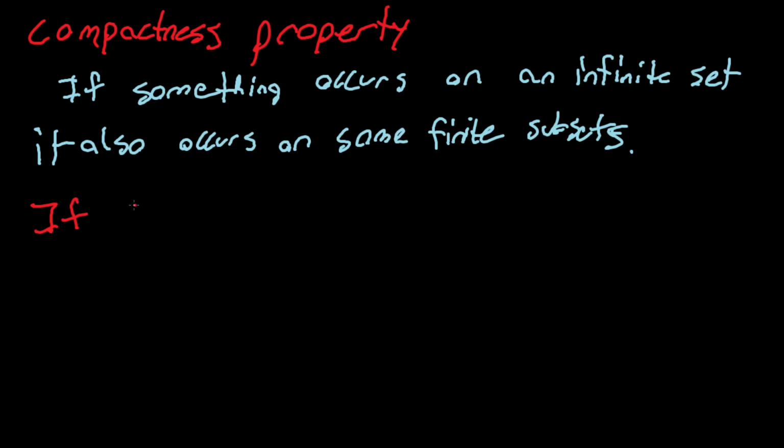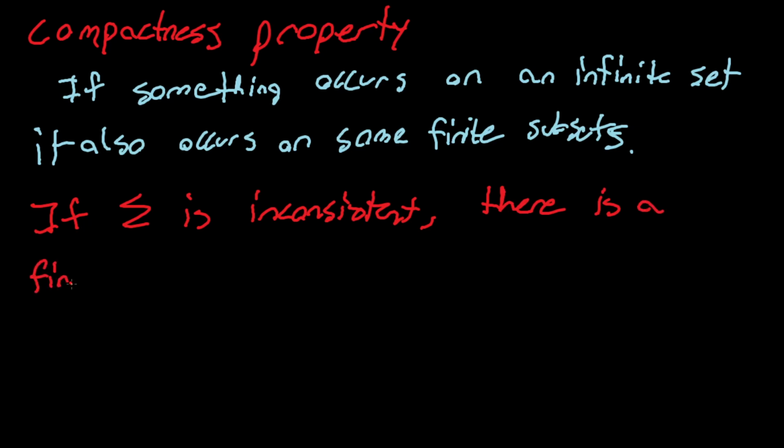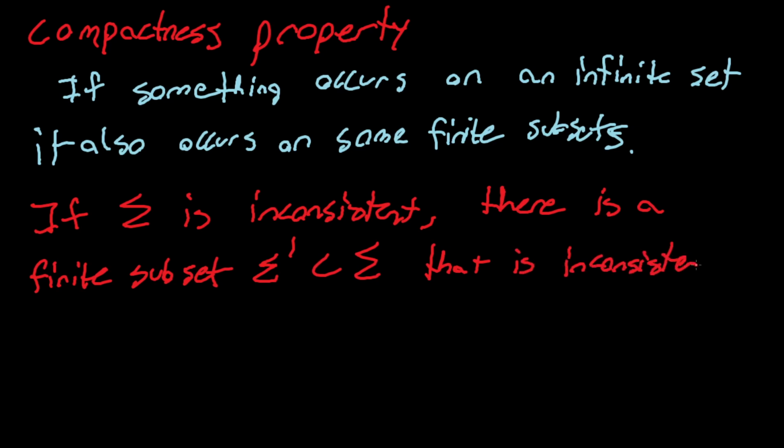So in a way, this is a compactness theorem for proof. What we've actually shown is that if sigma is inconsistent, there is a finite subset, sigma prime of sigma, that is inconsistent. This is a pattern we'll see a lot: we'll repeatedly show that properties that hold on infinite collections must also hold on a finite subcollection.